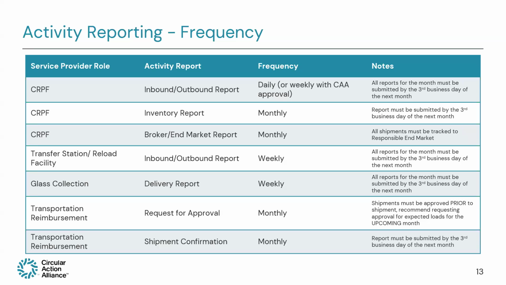Each of these transportation approvals will last 30 days. So you can start at the beginning of the month, request transportation authorization, and then once you've completed those shipments, on a monthly basis you would be submitting those. Again, you can also submit those more frequently if that makes more sense, if you're moving a lot of material around that requires the transportation reimbursement.